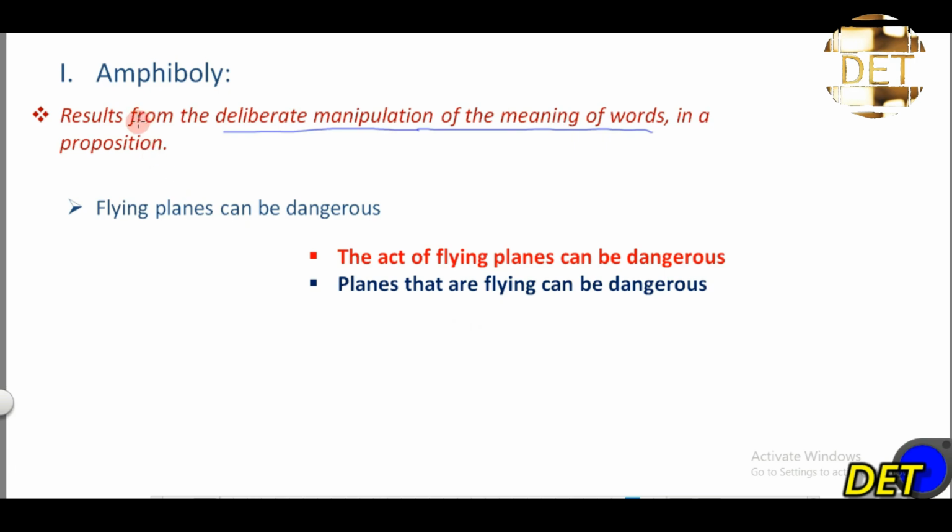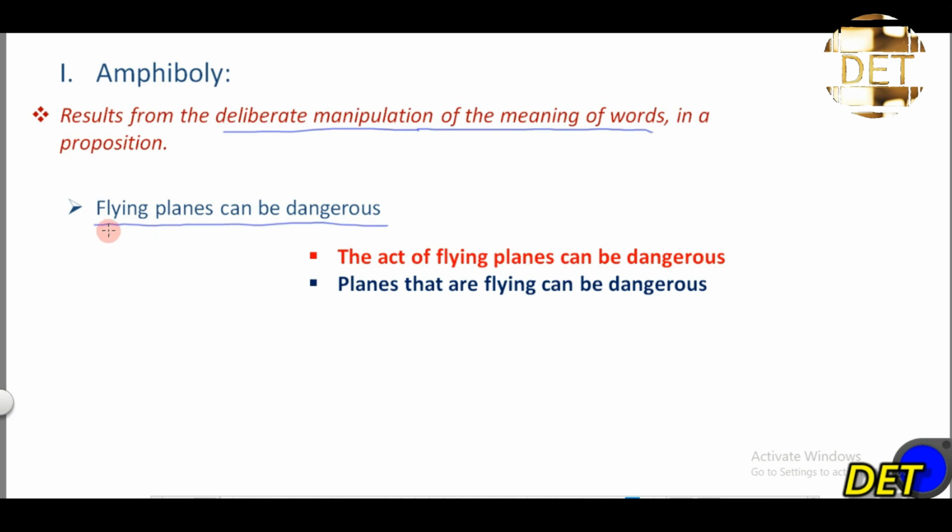So any type of fallacy that results from the deliberate manipulation of the meaning of words in a proposition, that fallacy is fallacy of amphiboly, right? So again, amphiboly is a type of formal fallacy which results from the deliberate manipulation of the meaning of words in a proposition.